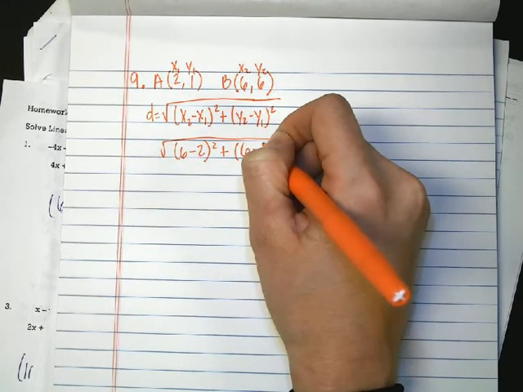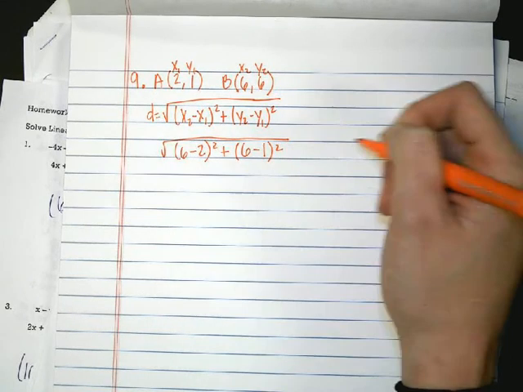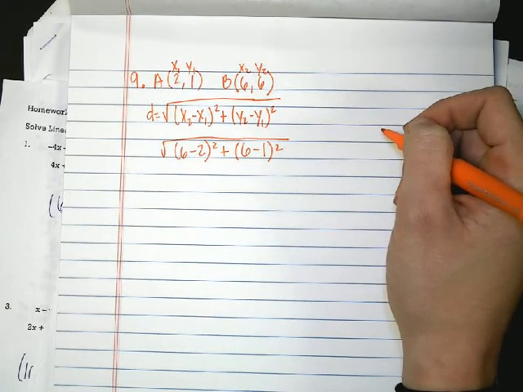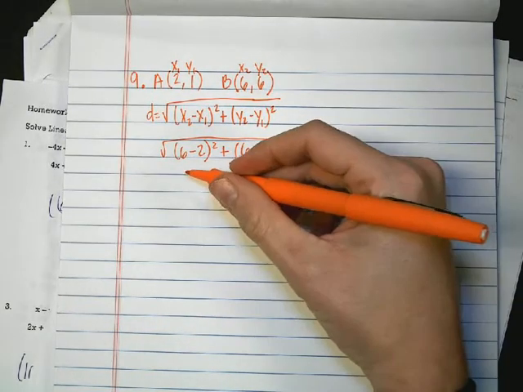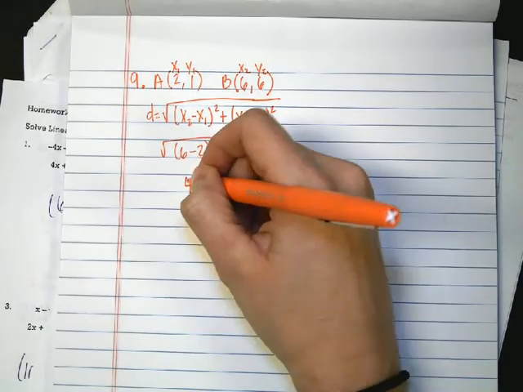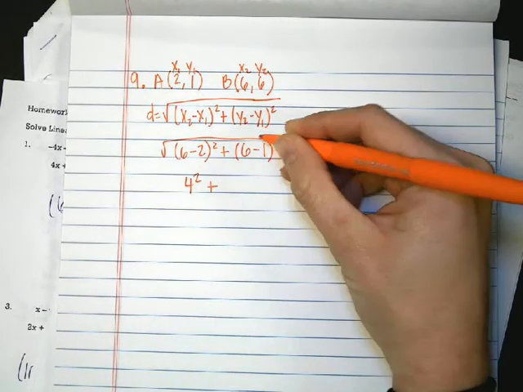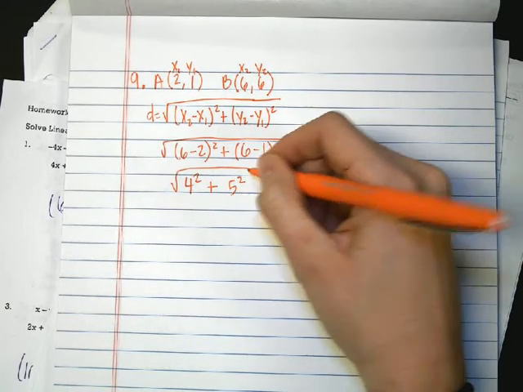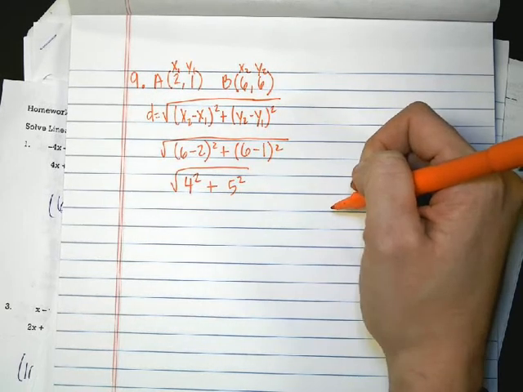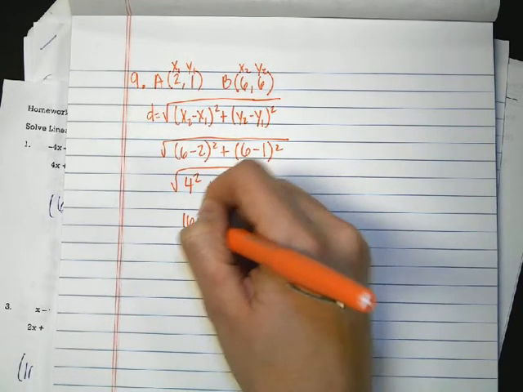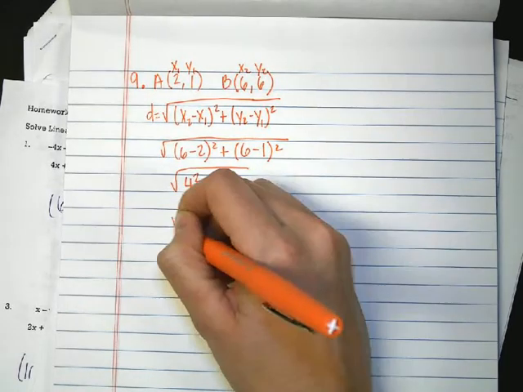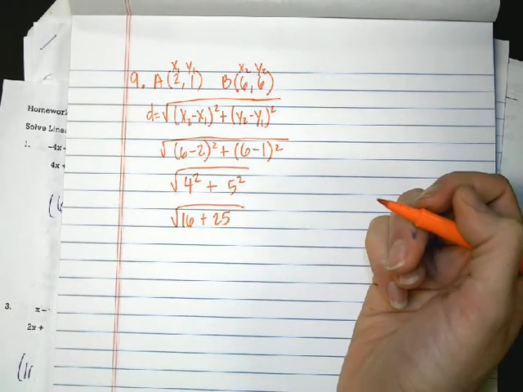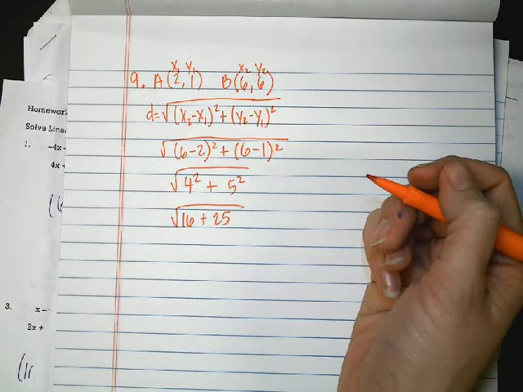4 squared is 16, plus 5 squared is 25. 16 plus 25 is 41. So you get the square root of 41. And then you want to keep it in simplest radical form. Simplest radical form means you need to think about ways that this guy can break down.